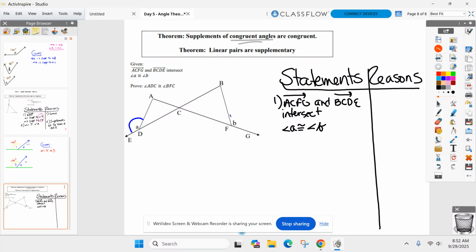Lowercase a, lowercase b. Those are the ones that should be marked, not the uppercase, not the ones inside. Those are the ones that are congruent.